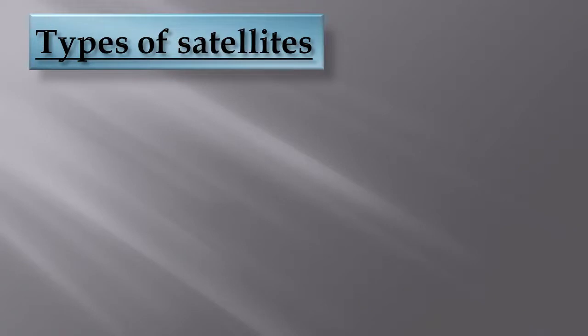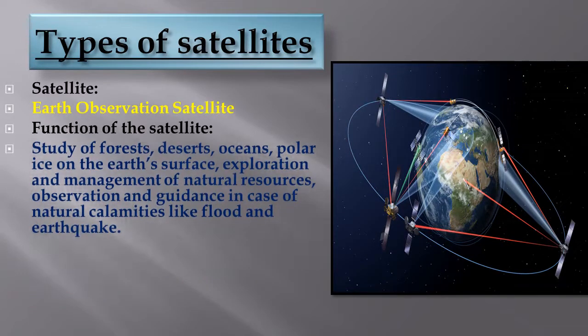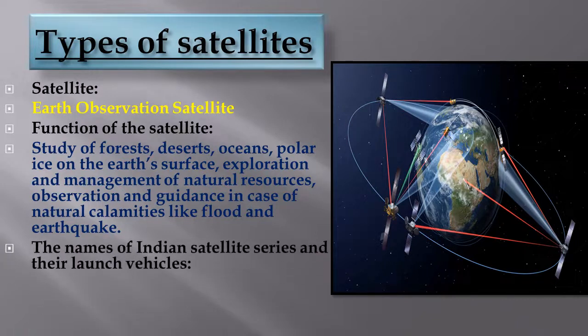And next here we have the Earth observation satellite, and the function is to study forests, deserts and oceans, polar ice on the Earth's surface, exploration and management of natural resources, and observation and guidance in case of natural calamities like flood and earthquake, etc. The Indian satellite series is IRS, that is Indian Remote Sensing Satellite, and the launch vehicle is PSLV, that is Polar Satellite Launch Vehicle.